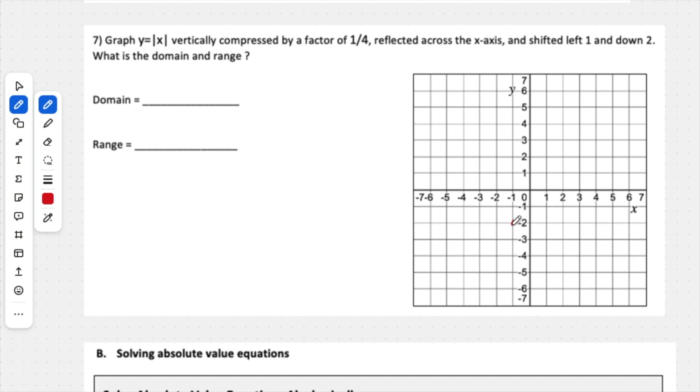So that's my new vertex, and then it's supposed to reflect across the x-axis, so that means it's going to open down. And that 1/4, we can think of as rise over run. So we're going to run 4 and then rise 1, and in this case negative 1 because of the reflection. So this should look something like that.